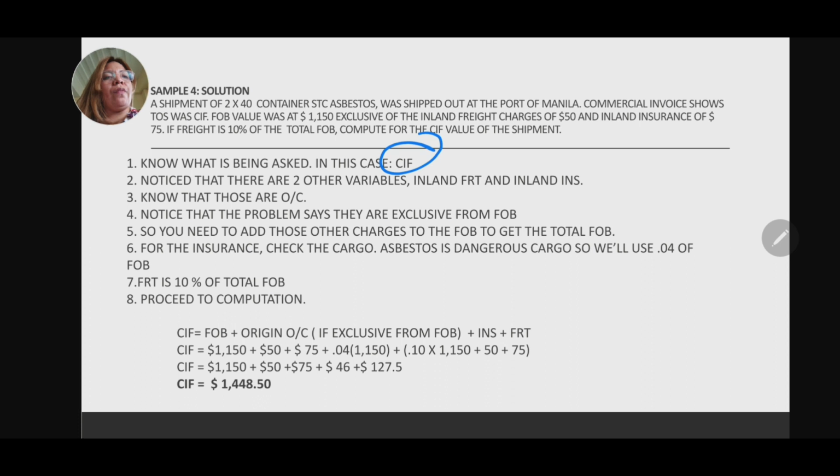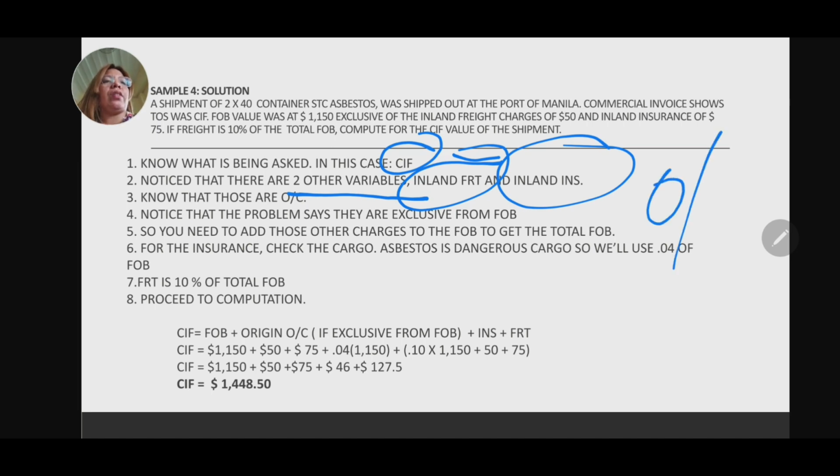So if you already have the CIF in mind, take note of its formula. But again, I said that we need to analyze the problem properly. If you analyze the problem properly, you'll notice that there are two other variables: the inland freight and your inland insurance. If you have studied your Incoterms, you'll know that the inland freight and the inland insurance are our origin other charges.